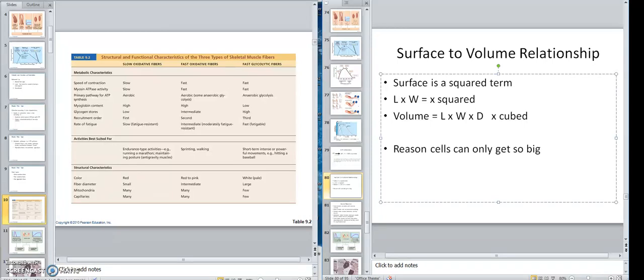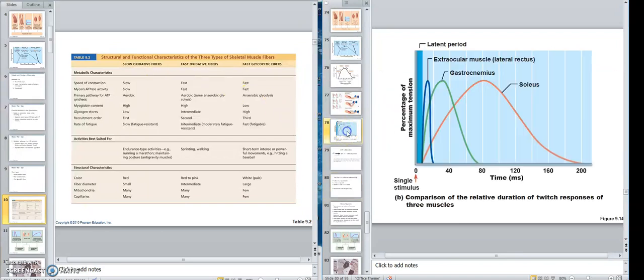Okay, class, where we were on this chart right here. We were looking at the slow oxidative fibers, which were also called slow twitch. We looked at the features of why these are slow, but they give endurance.